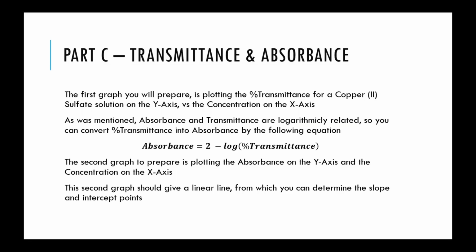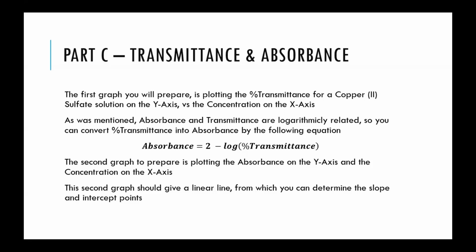They are logarithmically related. So what you're going to be doing is first preparing a graph from the report form of concentration on the x-axis and the given values of transmittance on the y-axis.